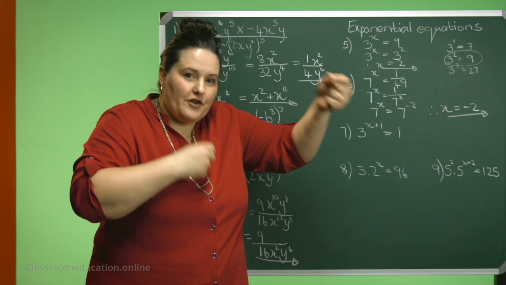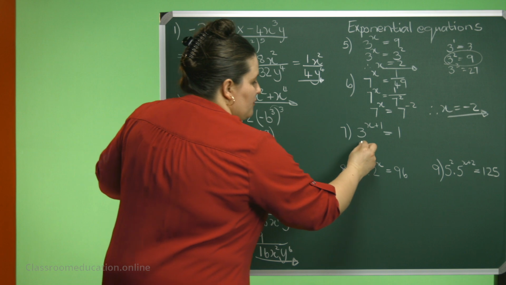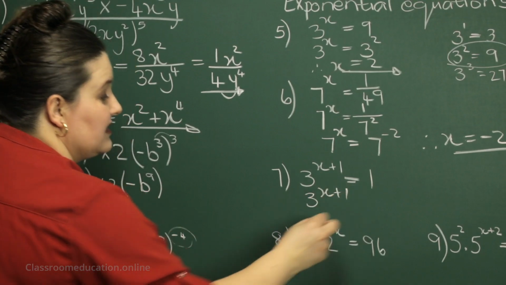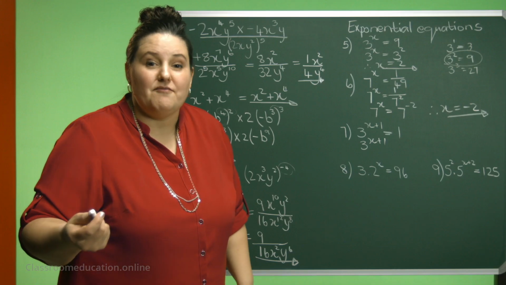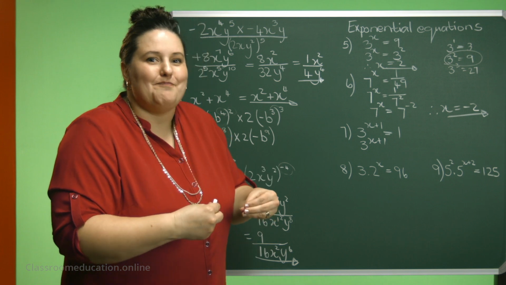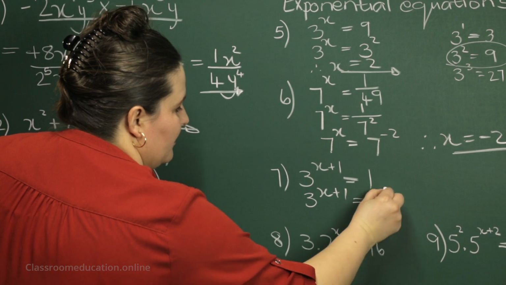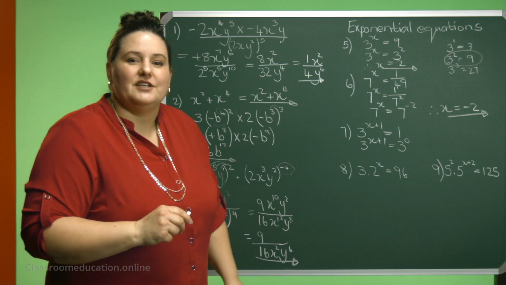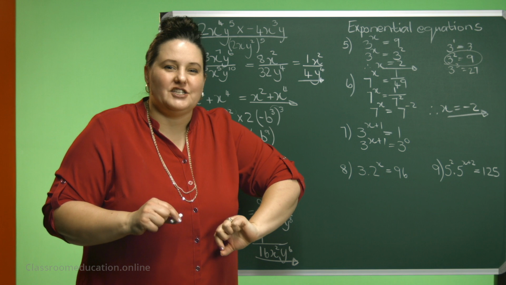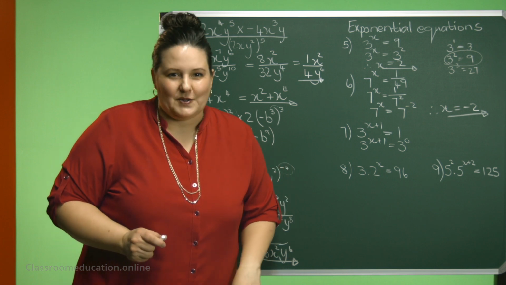That's undefined. But anything to the power of 0 is 1. So I can reverse that by saying 3 to the power of x plus 1 will be the same value as 3 to the power of 0. And boys and girls, careful with this because the teachers love to put it into tests, okay?